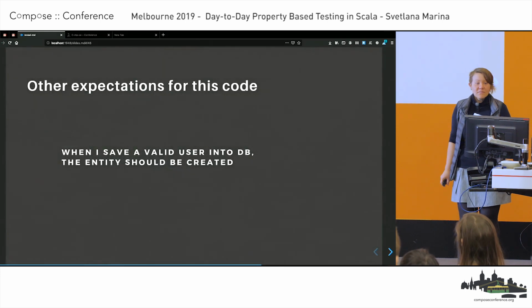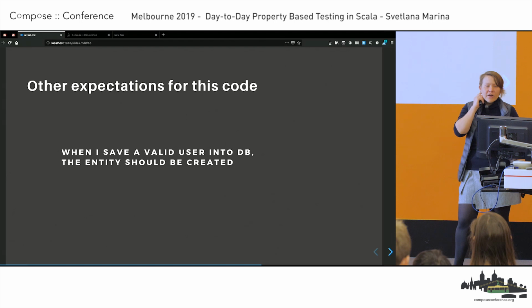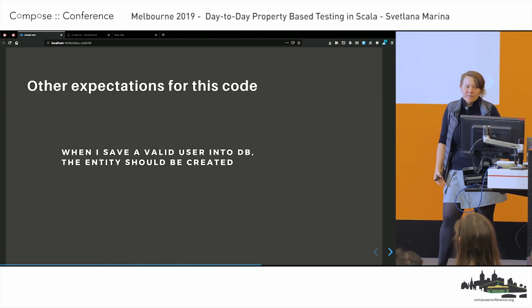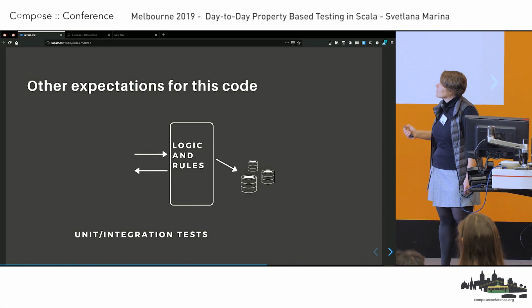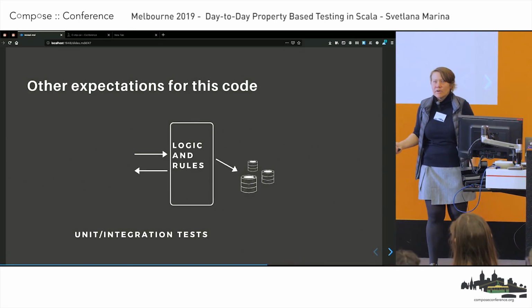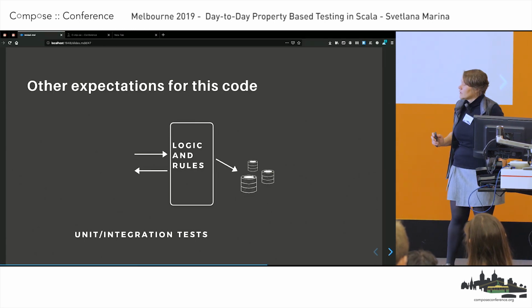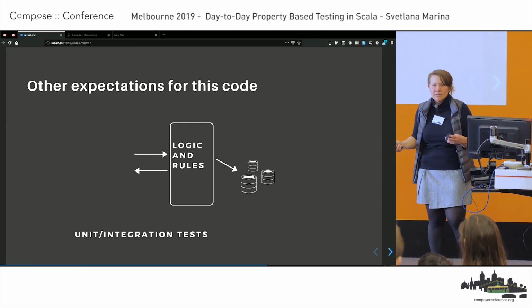Cool. So what are the other expectations for the code? The other one is when I save a valid user into the database, the entity should be created. So what I'm talking about here is this little layer, when you have logic and rules, and you accept a valid request from your routing, you just save it to the database. I think it's kind of like covering unit integration tests.